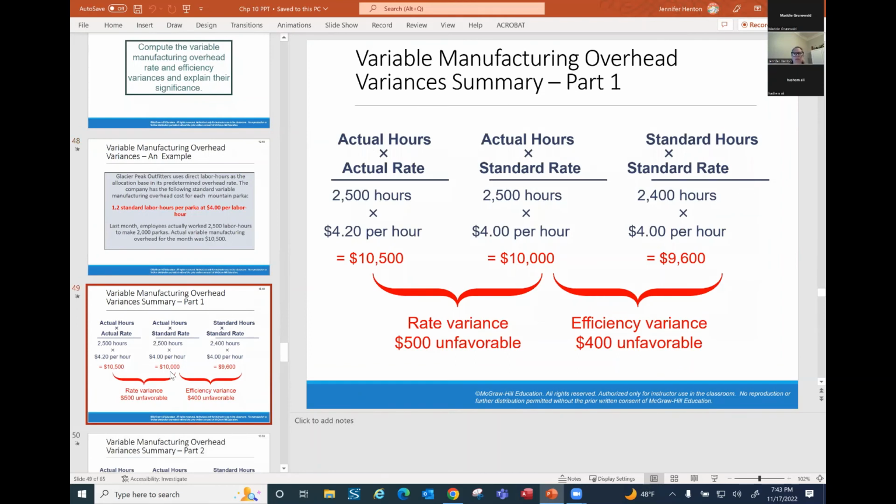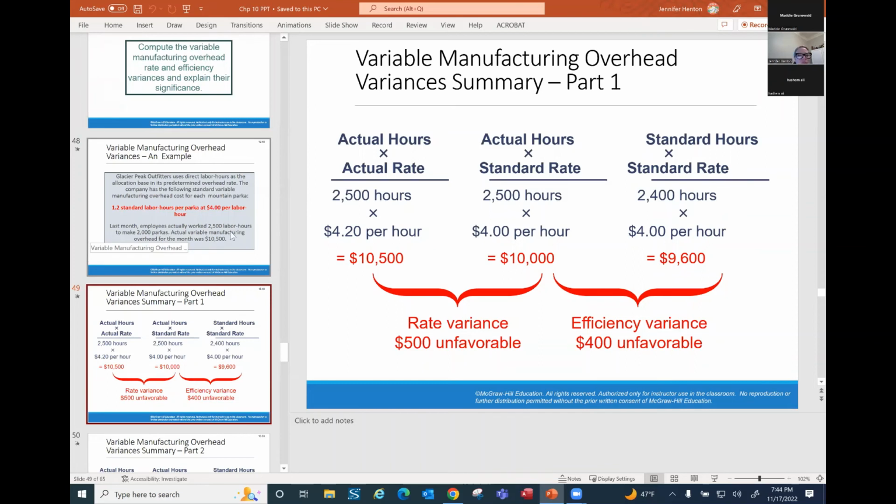Okay, so our actual hours are 2,500, which was given to us. It tells us the standard rate in dollars per hour, so we need to calculate the actual rate per hour.